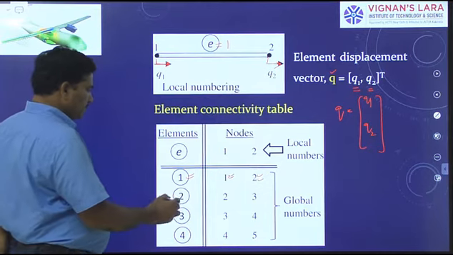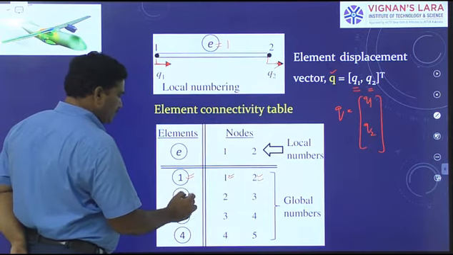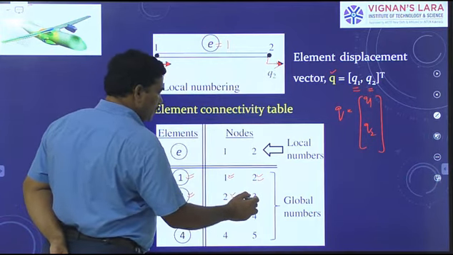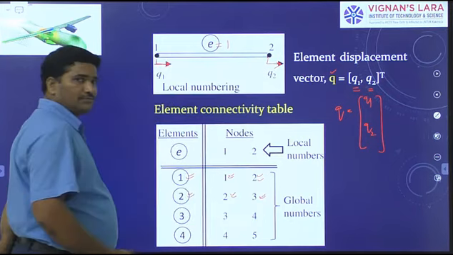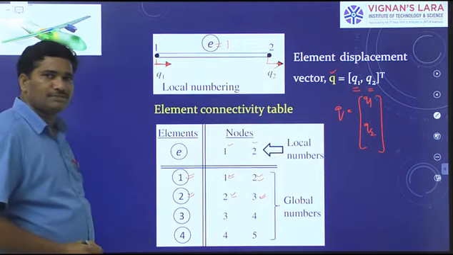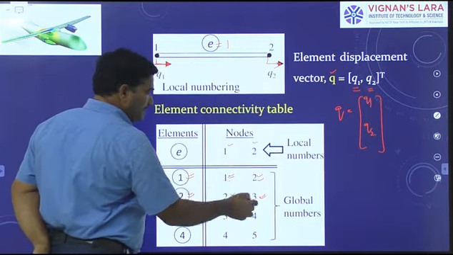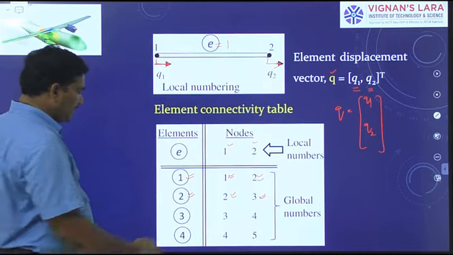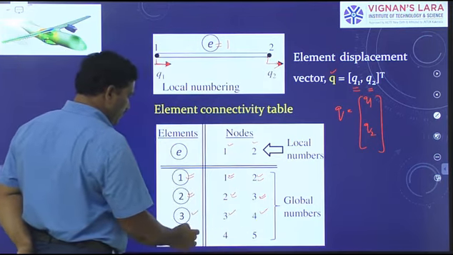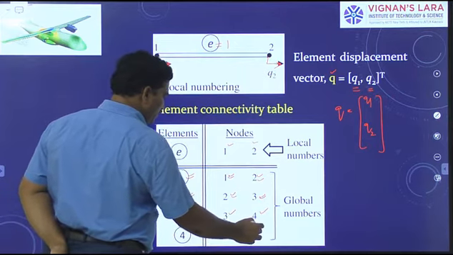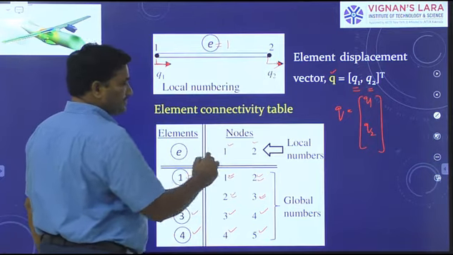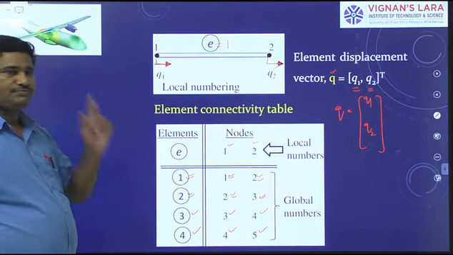Next, when E equals 2, the first node is node 2 and the second node is node 3. Hence, these represent the local numbers and these represent the global numbers. Similarly, for element 3, first node is 3, second node is 4. For element 4, first node is 4, second node is 5. These are the global numbers and these are the local numbers.